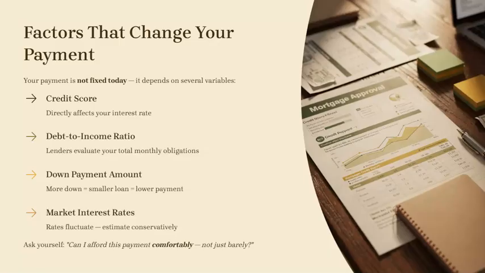More down equals a smaller loan and a lower payment. And then market interest rates. Now, rates do fluctuate. So estimate conservatively. Here's a question that you should ask yourself. Can I afford this payment comfortably and not just barely because I might love the house?